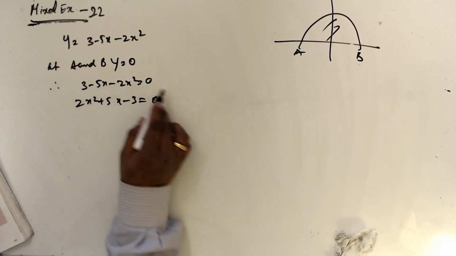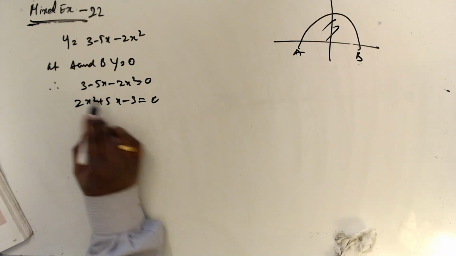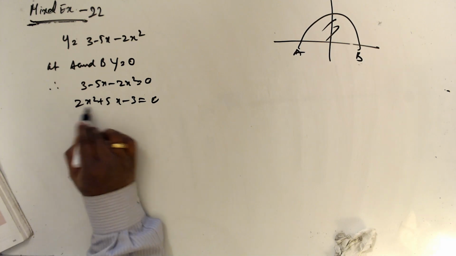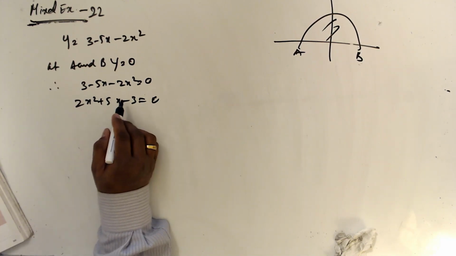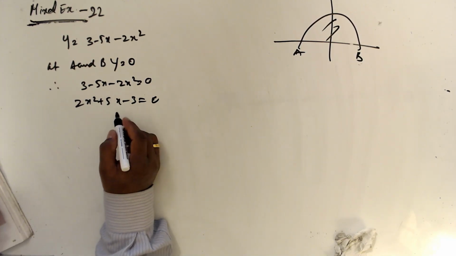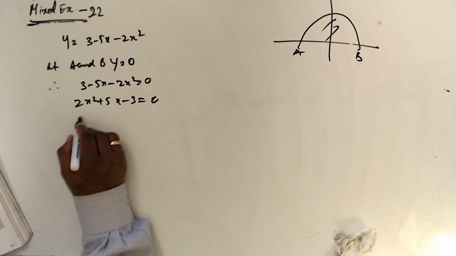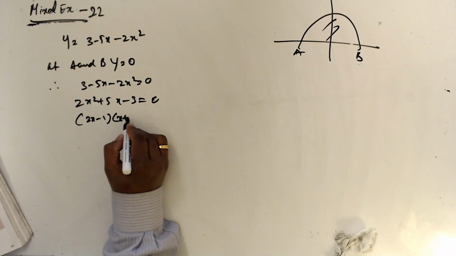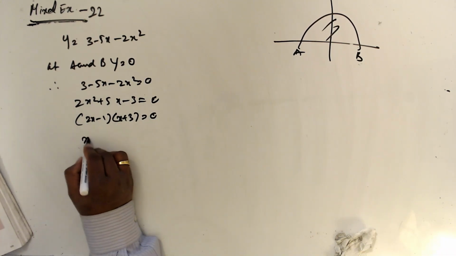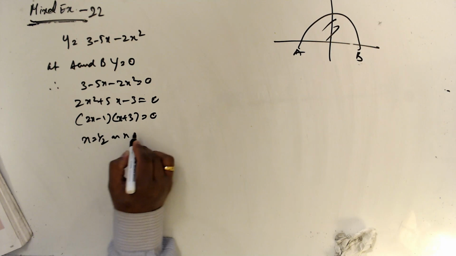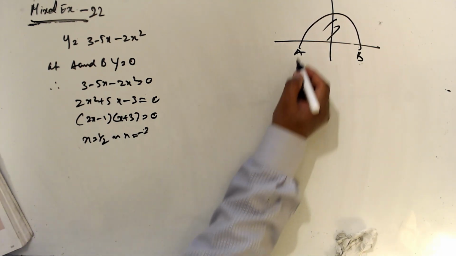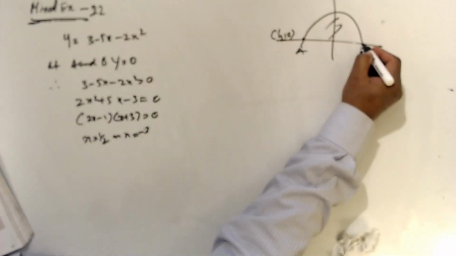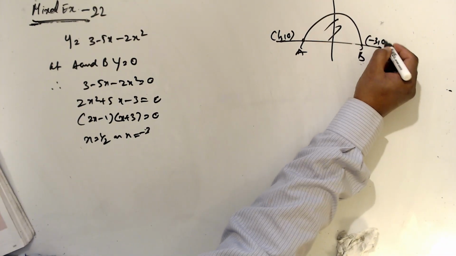I multiply everything by minus. This becomes negative, this is 12 and this becomes 2, and I change the places. So this is going to be 2x minus 1 and x plus 3 equals 0. X equals half or x equals minus 3. So this is half, 0. This is going to be minus 3, 0 point.